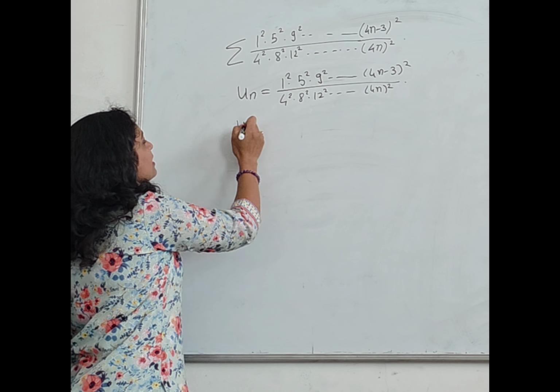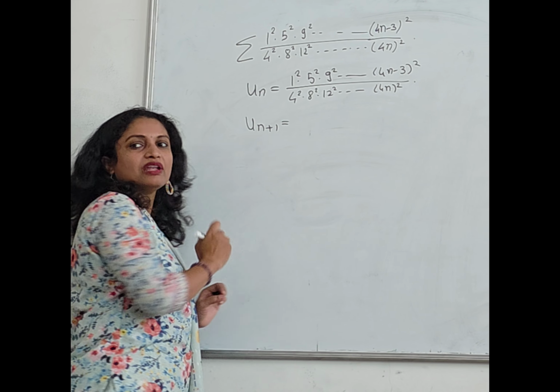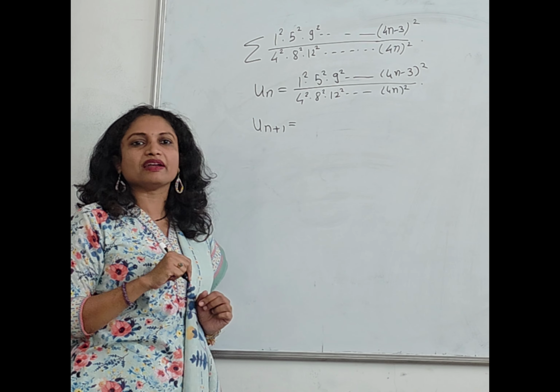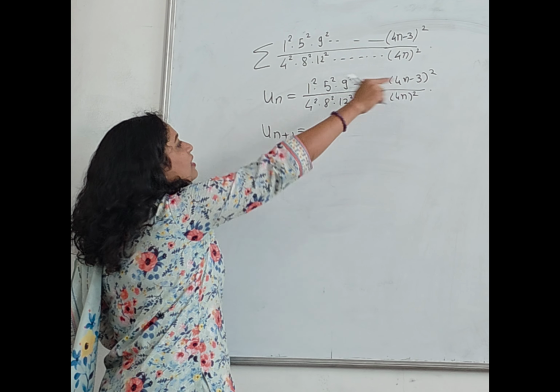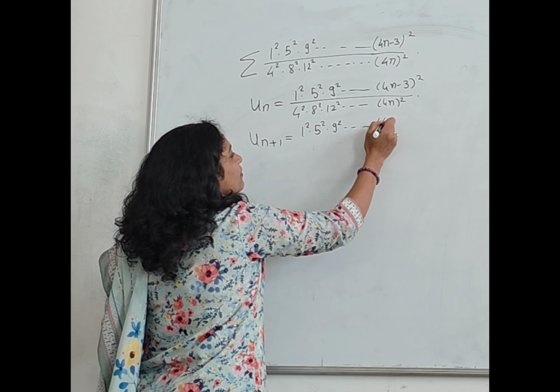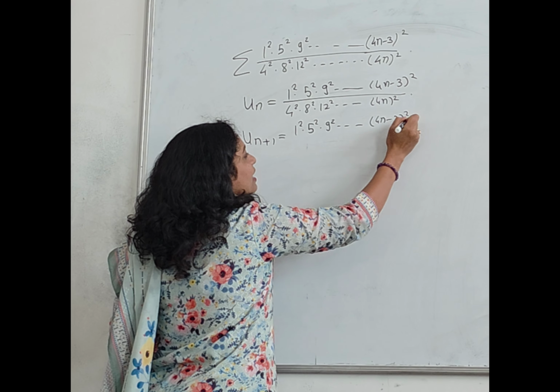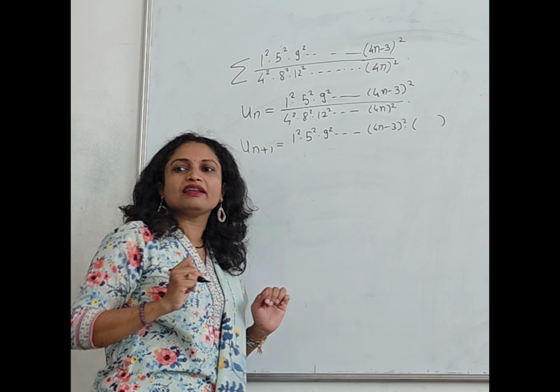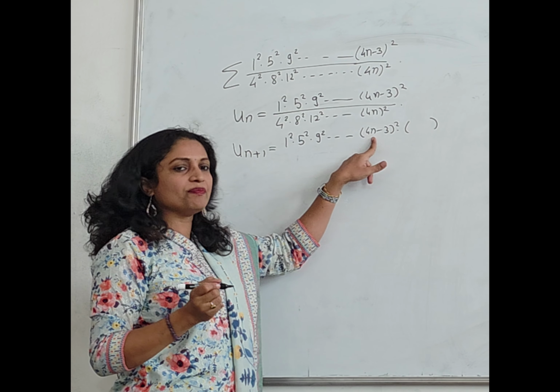Then as un is having n terms, in un plus 1 we have one extra term in numerator and denominator. So let's write all these terms, along with that 4n minus 3 whole square, and the next term you will get by replacing n by n plus 1.